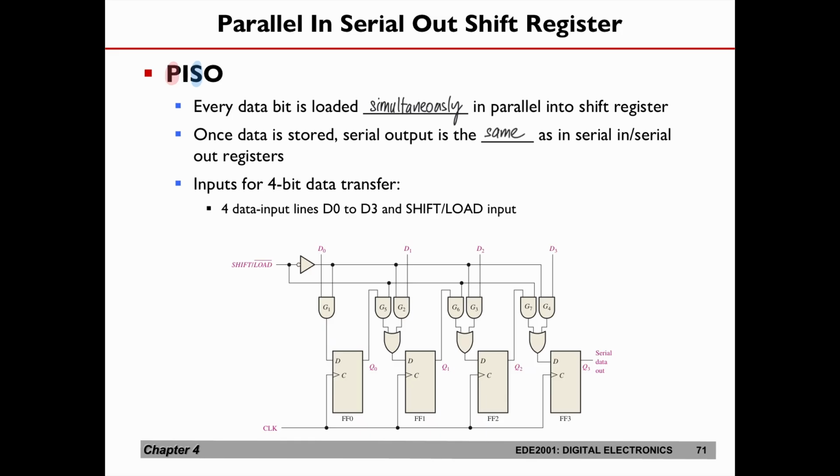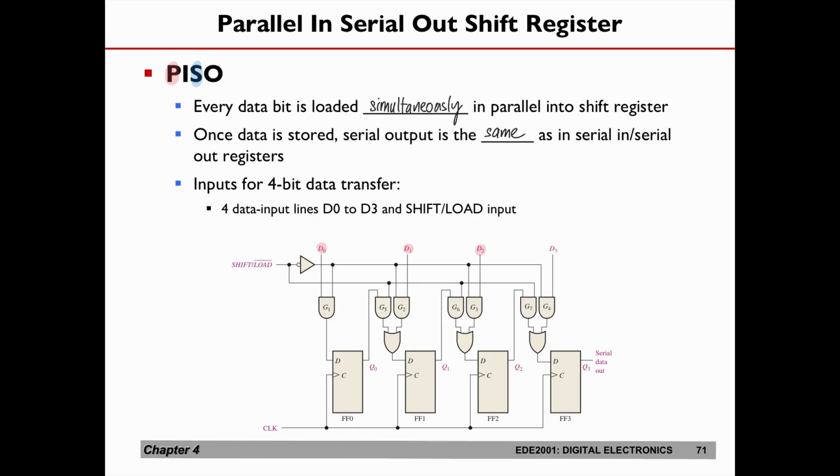Once the data is stored, the serial output is the same as the serial in and serial out register. Now, this is going to be a little bit more challenging as compared to the remaining ones, but we're going to go through this by looking at the shifting operation and the loading operation separately. In this design, you can see there are 4 data lines coming in.